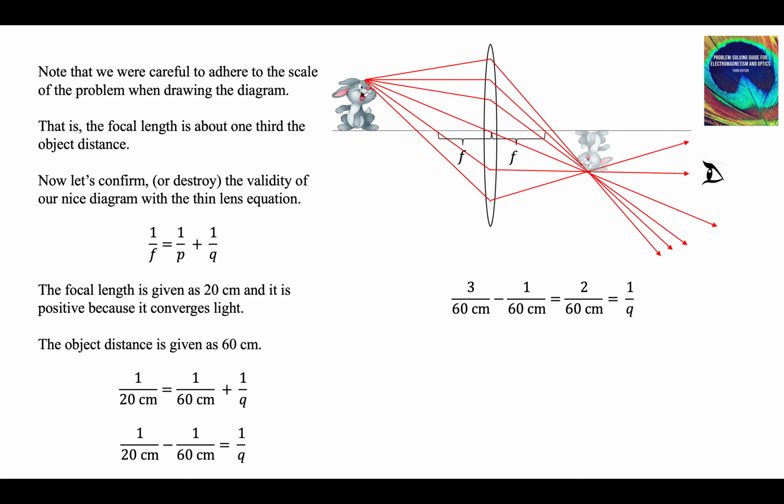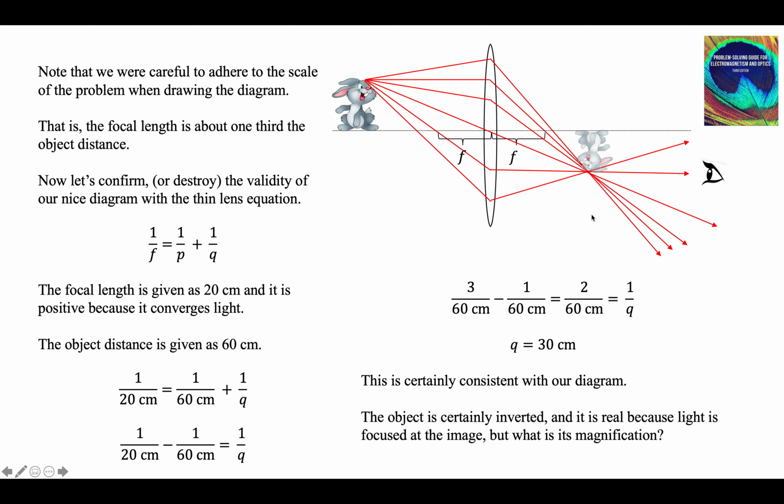We can get a common denominator. 1/20th is the same as 3/60ths. And when we do that, we get 2/60ths, and that's 1/q. So q is 30 centimeters, and we're happy with that. It's positive, which means it's a real image, which means the light is converging there. If you stuck a screen there, you would see it because there's light there. Light is getting there. The image is inverted, and it's real.